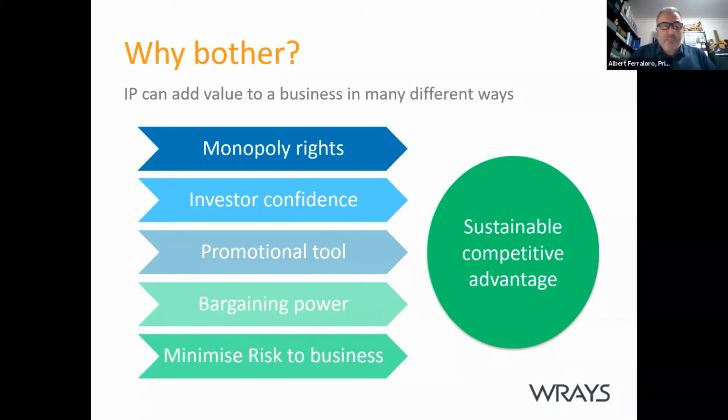The ability to promote yourself to your potential customer base, supplier base, bargaining power, often when you're working with other organisations, and just generally minimising risk to your organisation. They're all the types of things that can add value to a business. And again, you can see that all of those don't rely on you heading off to court and suing someone, although that is something that IP gives you the benefit of doing.